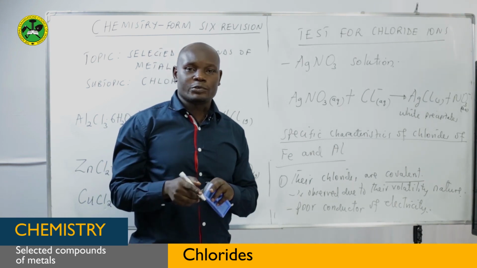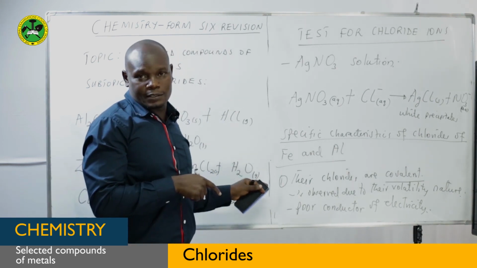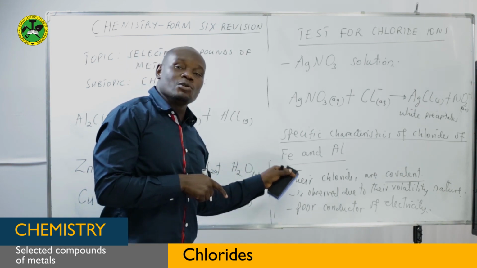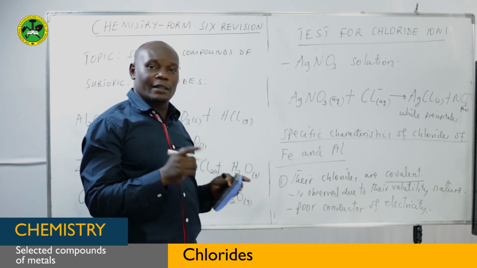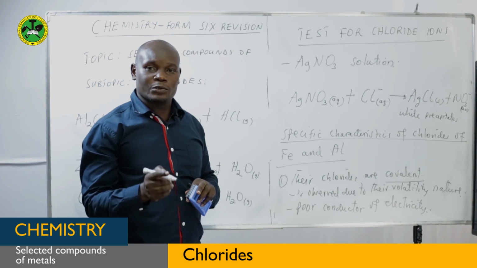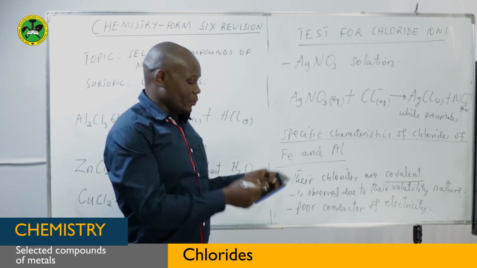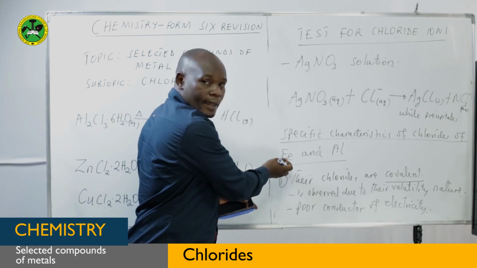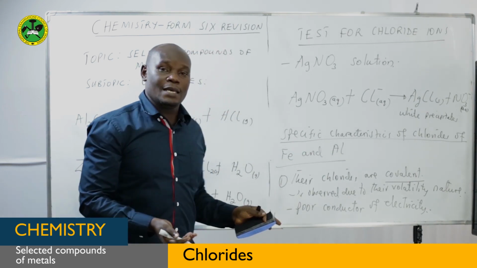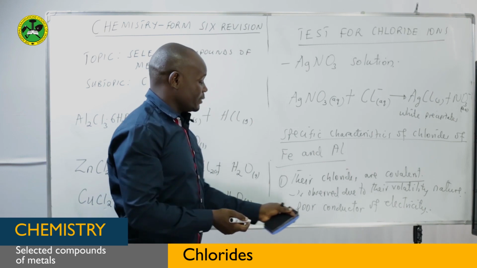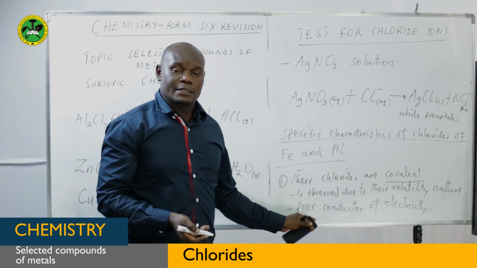And we know that molecules do not conduct electricity since there are no ions. Ions are the only particles responsible for carrying charges from one point to another. So since the chlorides of iron and aluminium exist as molecules, they do not conduct an electric current.